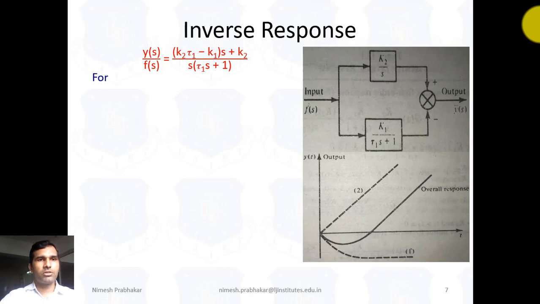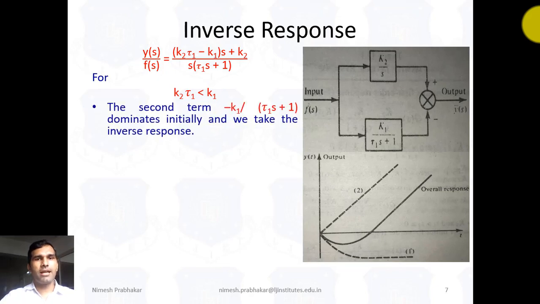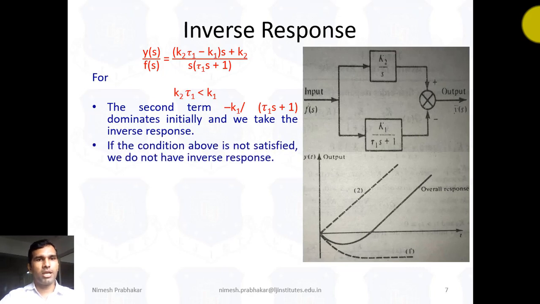This equation is true for the condition K2 tau 1 is less than K1. The second term, minus K1 upon tau 1 s plus 1, dominates initially, and we get the inverse response. If the condition above is not satisfied, then we do not have an inverse response.